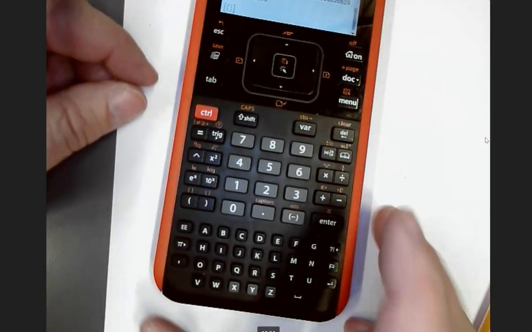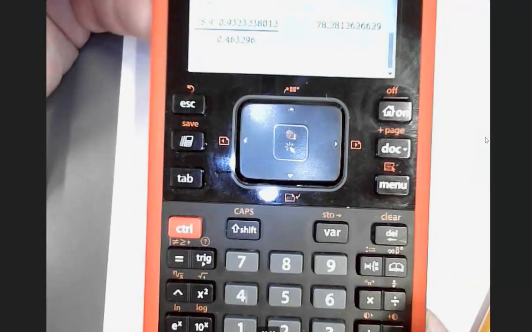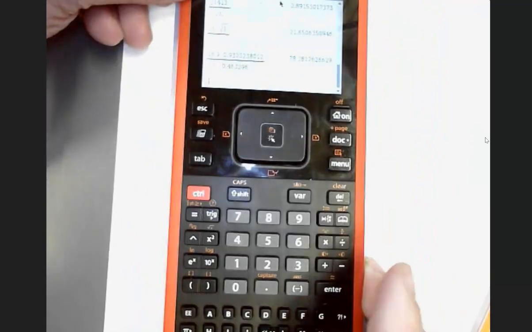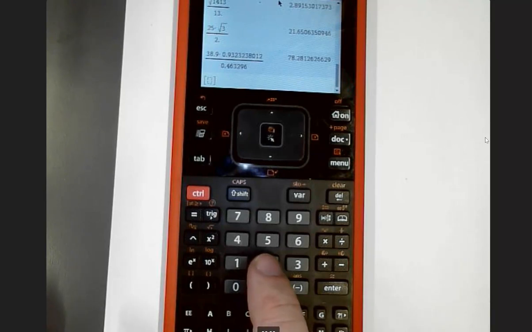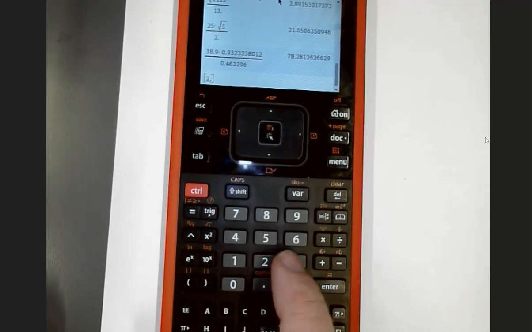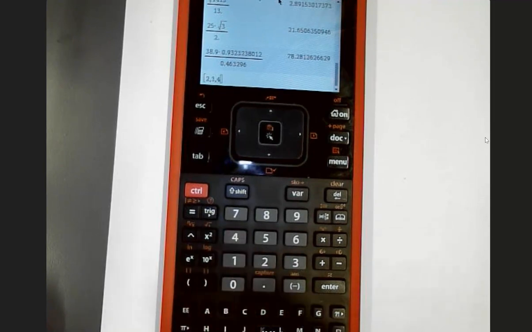I will use the square brackets. I will take first those square brackets, and then I have numbers there. The first matrix's first row was 2 3 4, so I will add 2 comma 3 comma 4.